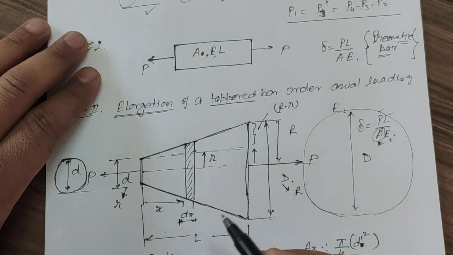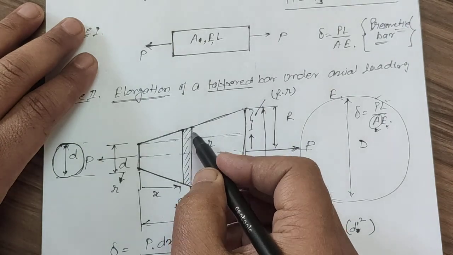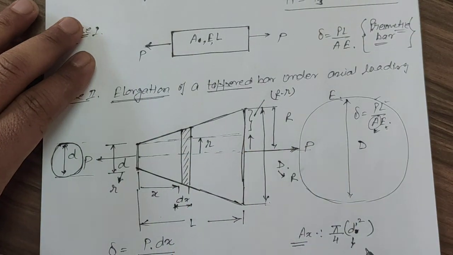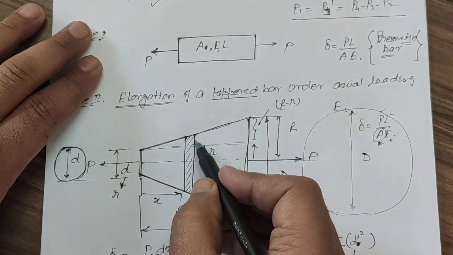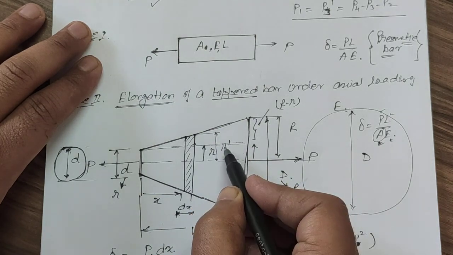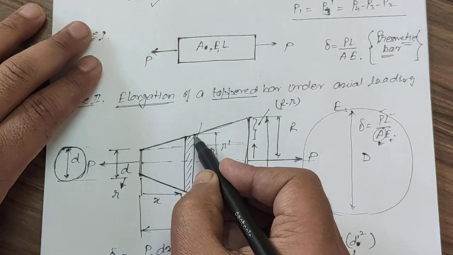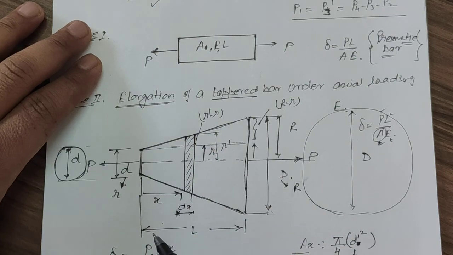Corresponding to d dash the radius is r dash, so this complete value is r dash, and this value is r dash minus r.